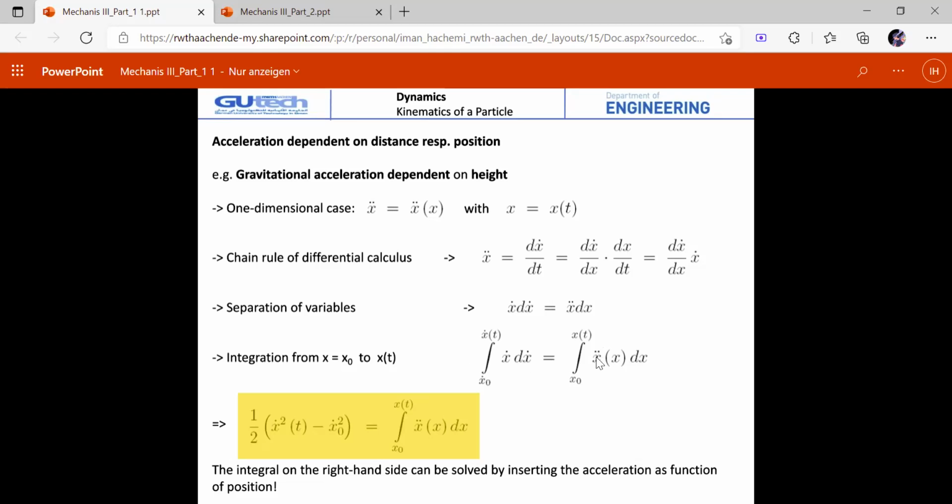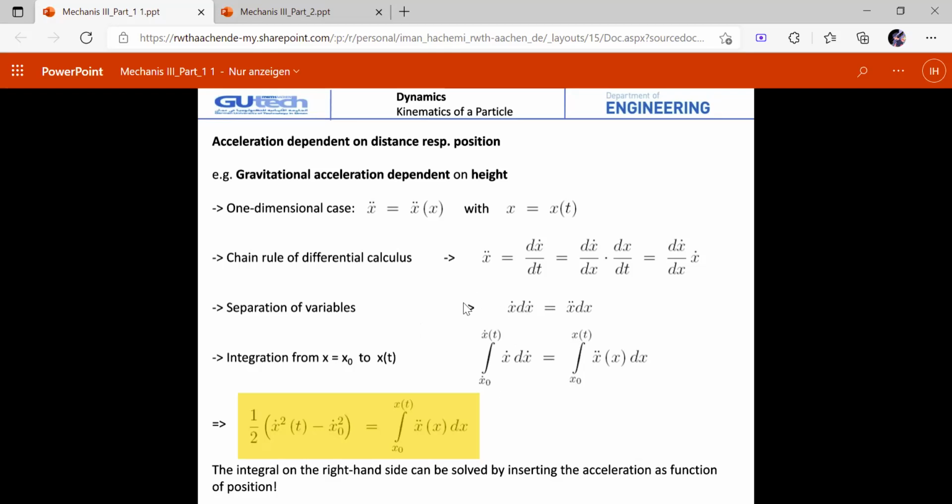Then we get these rules, integrating from the initial condition for the velocity to the actual velocity, and for the position the same, from the initial position to the actual position.